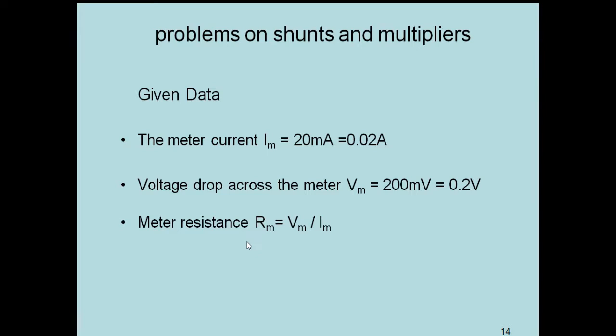And meter resistance Rm is equal to Vm by Im. Rm is equal to 0.2 volts by the current rating 0.02. So meter resistance will be calculated as 10 ohms.